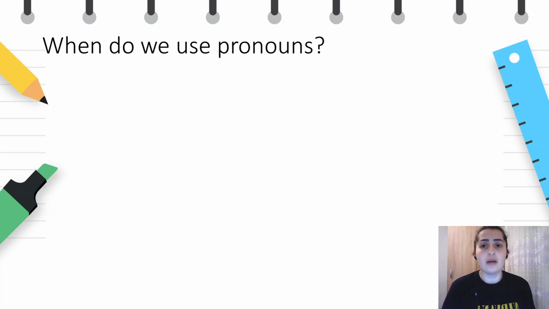So, the pronouns are mainly used when we talk about something and instead of repeating ourselves and saying the name of the person or the object on and on again, we use pronouns because at the beginning we mentioned what we are talking about and then we do not want to repeat ourselves. Now let's see an example.